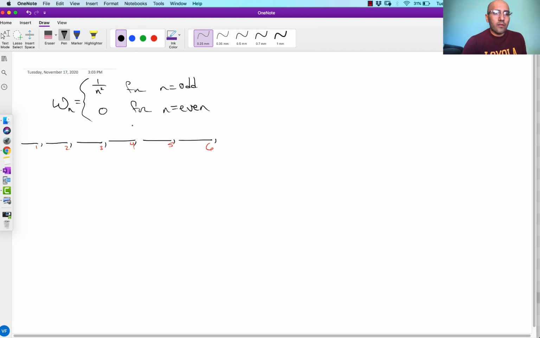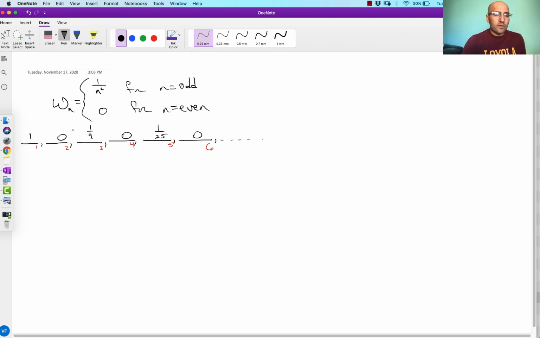For all the even ones, the sequence is just going to be 0. So that's 0 there, 0 there, 0 there. That's easy. And then for all the odd ones, we follow these instructions. So 1 over 1 squared is just going to be 1. 1 over 3 squared is going to be 1/9. 1 over 5 squared is going to be 1 over 25. And so on and so forth.